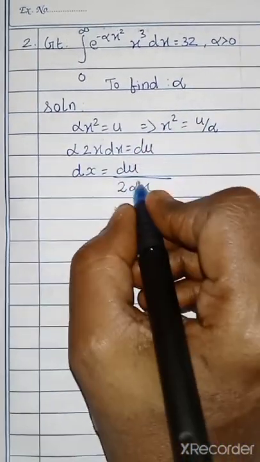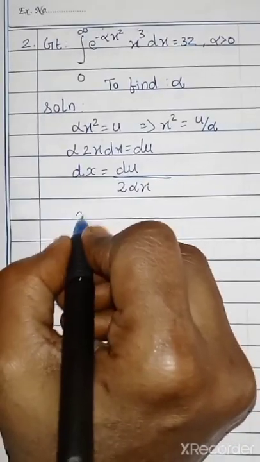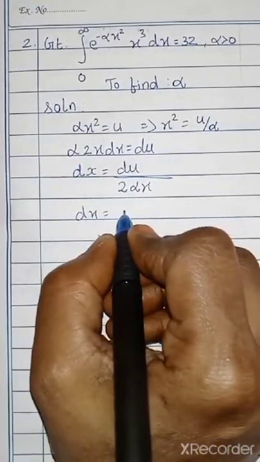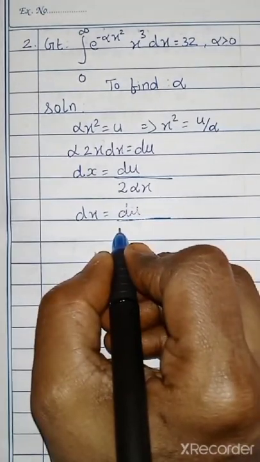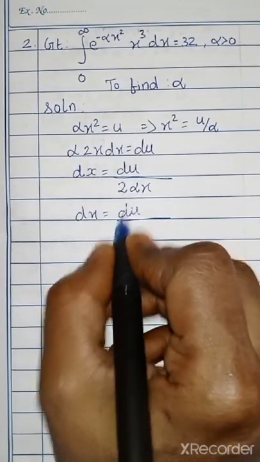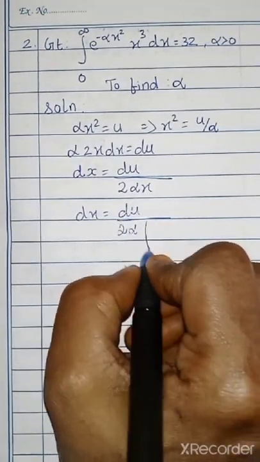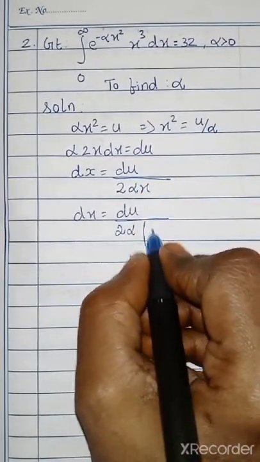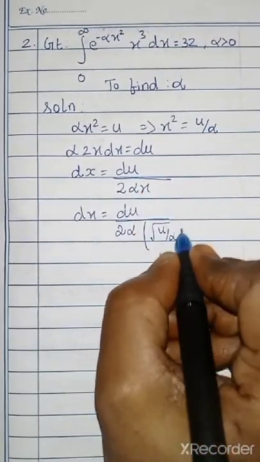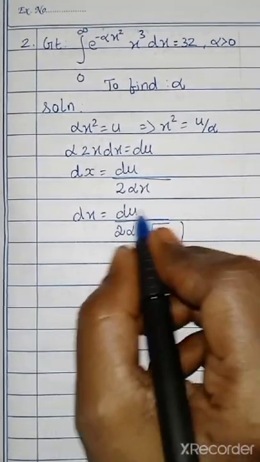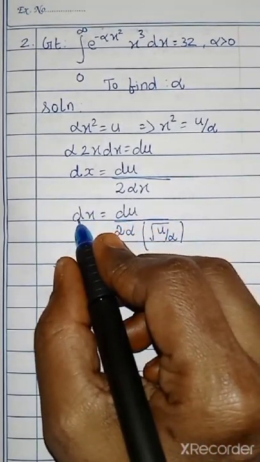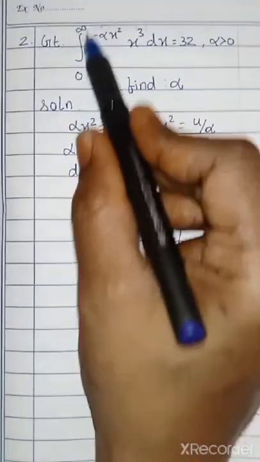In the x value, we can substitute here. So dx equal to du by 2 alpha, and instead of x, what are we going to substitute? Root of u by alpha. Now, if you use the substitution method, you have to change the limit.